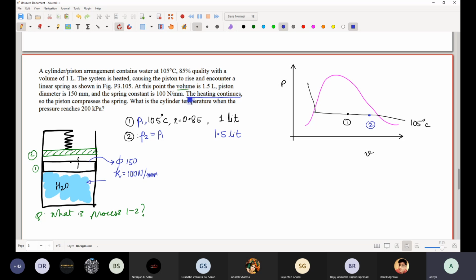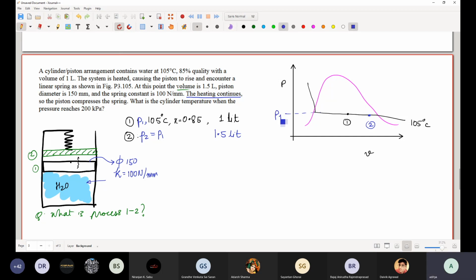The next information is that the heating continues, so the piston compresses the spring. What is the cylinder temperature when the pressure reaches 200 kilopascal? This is the question. So this is some pressure, let's call it P1, and obviously P1 is less than 200 kilopascal.